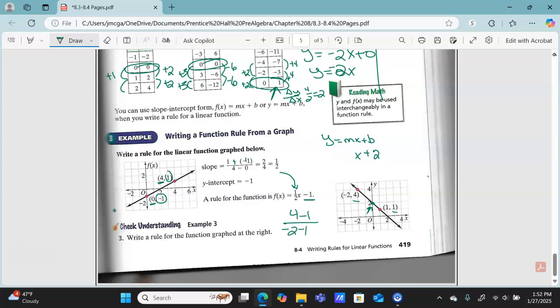Again, note that the 4 and -2 come from the same coordinate pair. So we get 3 over -3 or -1. So you could write it like that, or you could just write it as -x plus 2. And so that's what we covered in sections 8.2 to 8.4.